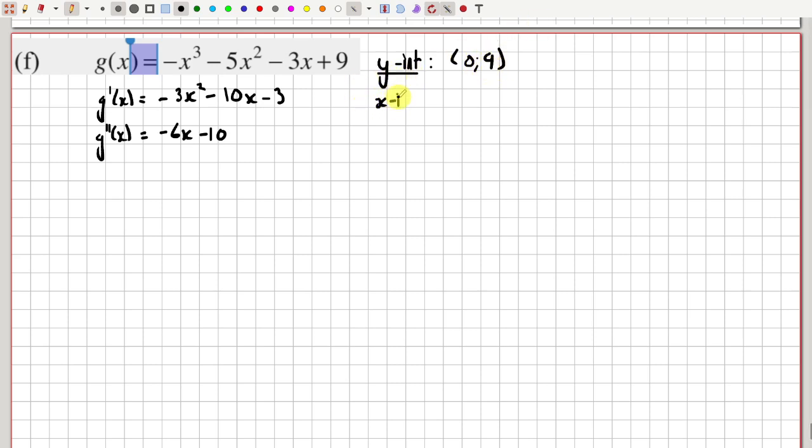X-intercepts will make g of x equal to 0. Let's divide straight through with -1 because this is an equation. We can divide and multiply with whatever we want as long as we do it on both sides.